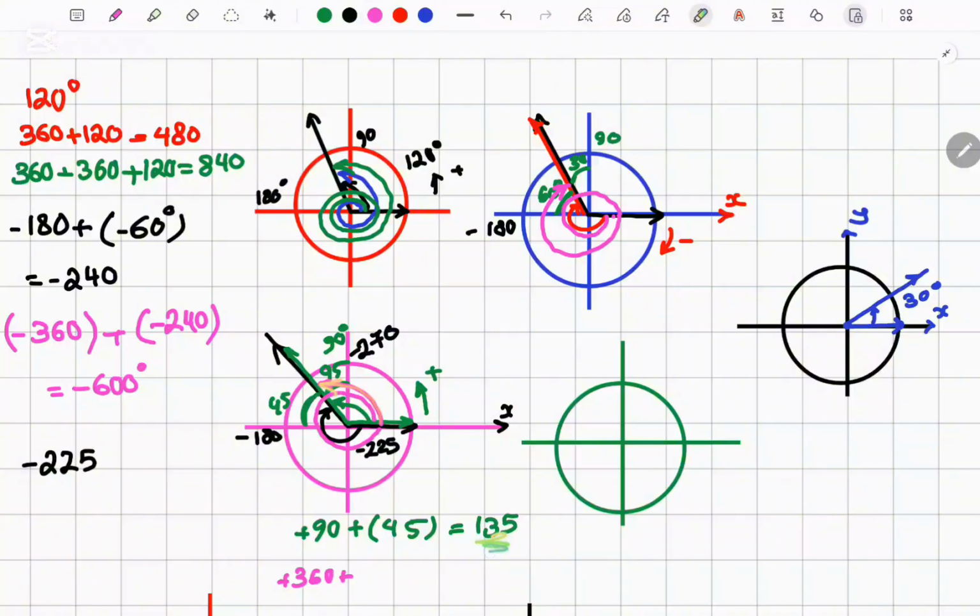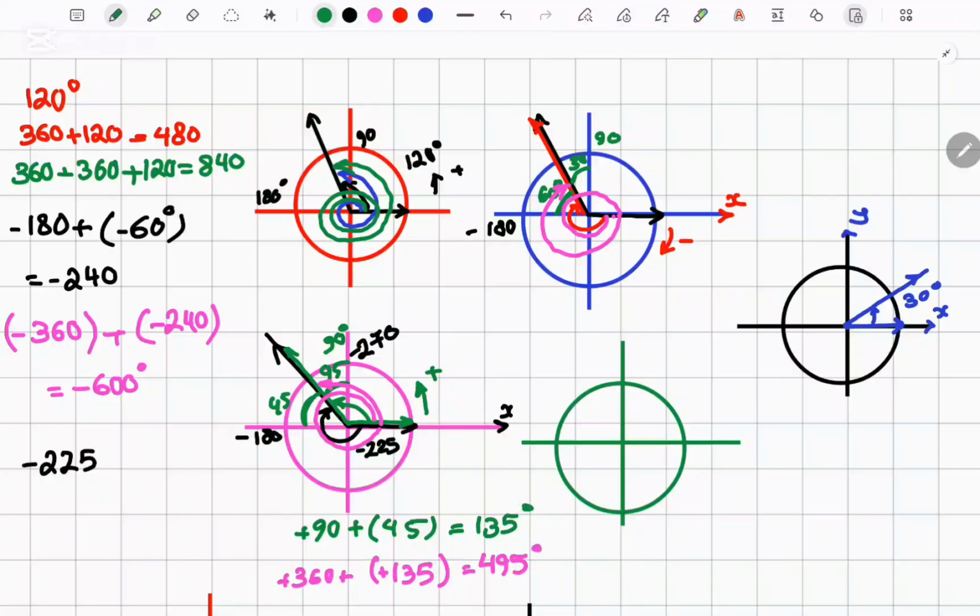Didn't we just calculate it? Yeah, we did. So it's 135. So it's going to be 360 plus 135, which is 495 degrees positive, right? I forgot the degrees for this one.